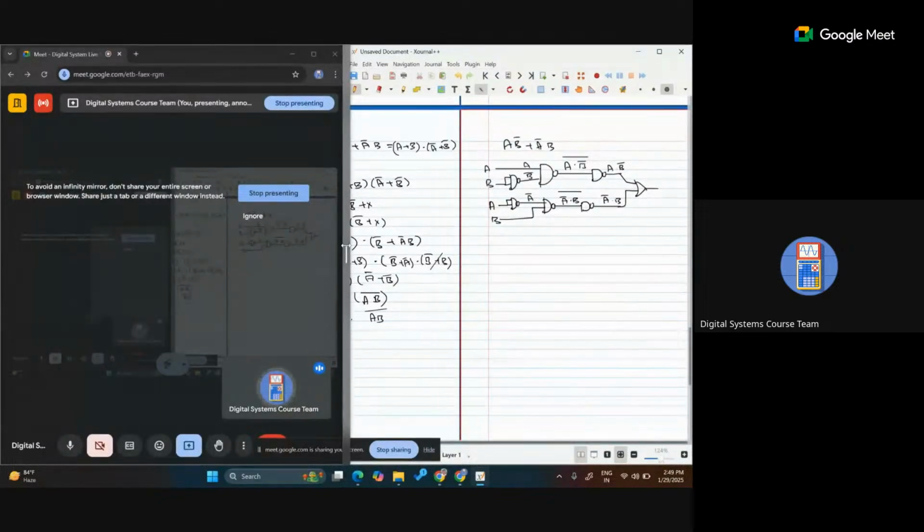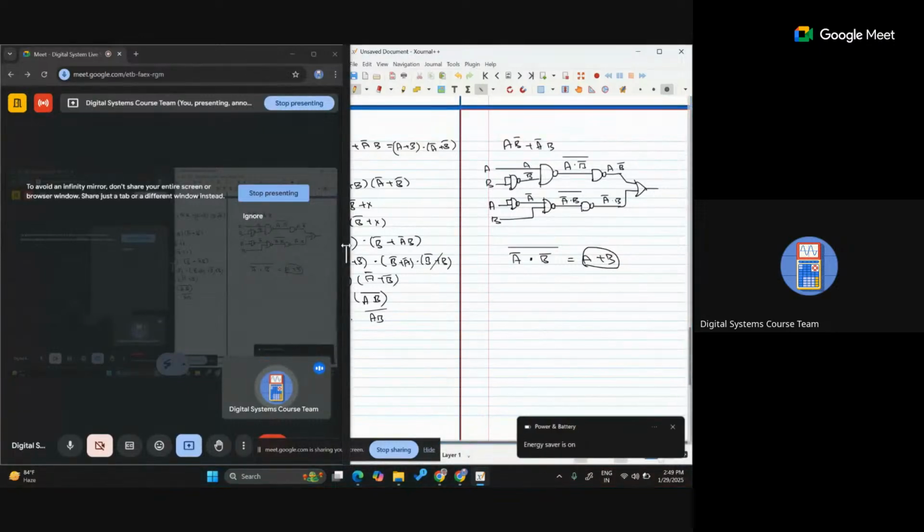But previously I told you, what is A bar plus B bar, the whole bar? A dot B. A bar dot B bar. Sorry, dot times of A plus B. So if I connect a NAND gate with inverted inputs, I'll get the uncomplemented output of the OR operation.